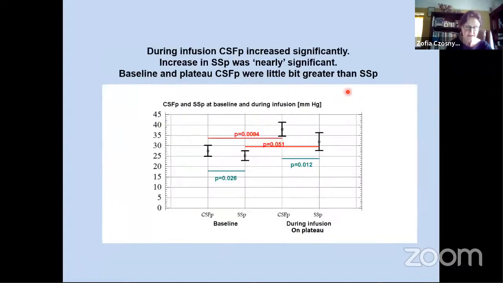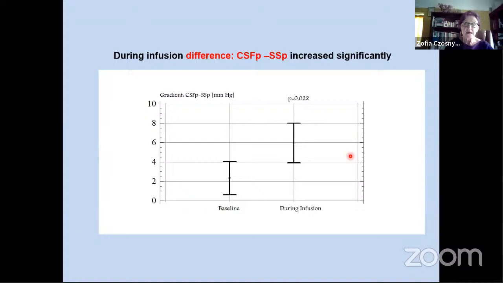So to summarize, the baseline ICP was in all cases elevated and always a little bit greater than sagittal sinus pressure. During the plateau phase of infusion, both pressures increased, but ICP increased more than sagittal sinus pressure. All increases were significant. Now we look at the difference between cerebrospinal fluid pressure and sagittal sinus pressure.